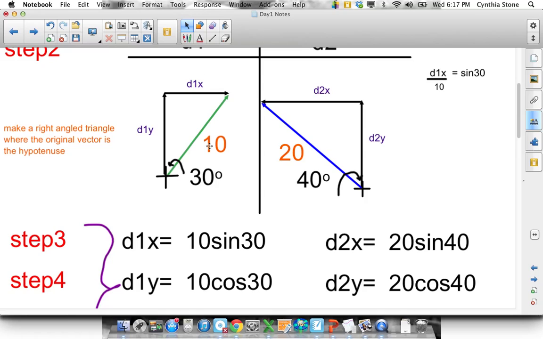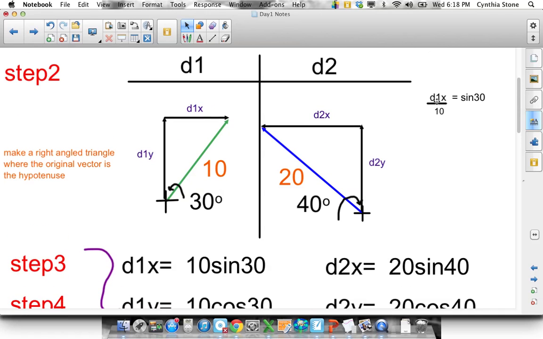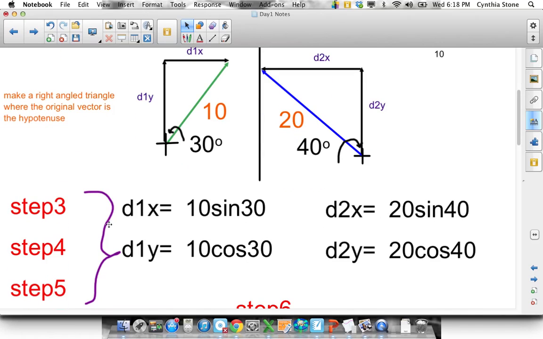So opposite over hypotenuse equals sine of the angle, and that's where I'm getting this from. I'm assuming now that you know that, and I'm jumping into calling my angles like such, because this would say d1x then equals 10 times that. Okay? So steps 3, 4, and 5 is you name each component, each horizontal and each vertical component, where x is horizontal, y is vertical, in terms of sine and cosine.